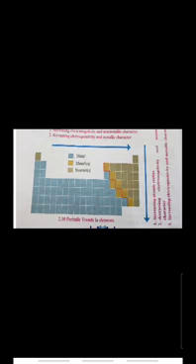While going from left to right within a period, the outermost shell remains the same. However, the positive charge on the nucleus goes on increasing while the atomic radius goes on decreasing, and thus the effective nuclear charge goes on increasing. As a result of this, the tendency of an atom to lose valence electrons decreases within a period from left to right. The two factors, that is, the increasing nuclear charge and decreasing atomic radius as we go from left to right within a period, are responsible for increasing the effective nuclear charge.